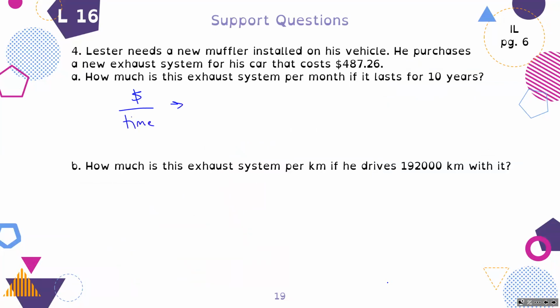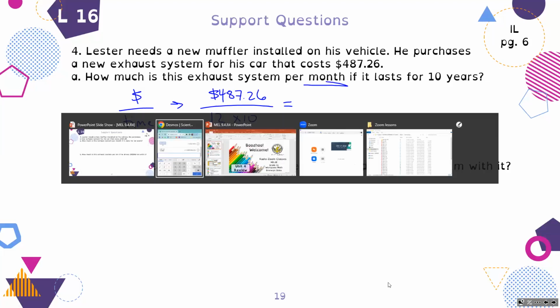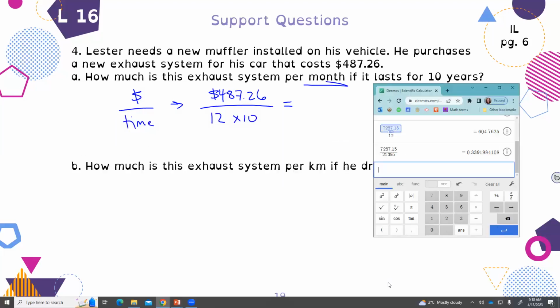So we're going to do $487.26 divided by that. We're looking for the cost per month. So we need the monthly cost, but it's for 10 years. So we need to times it by 10 to figure out, because that's how many months there are in 10 years.